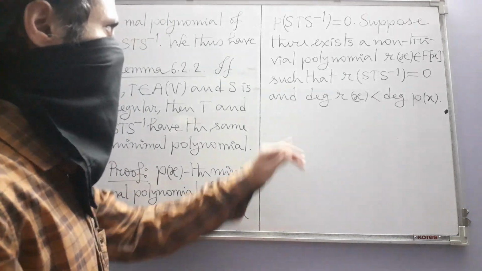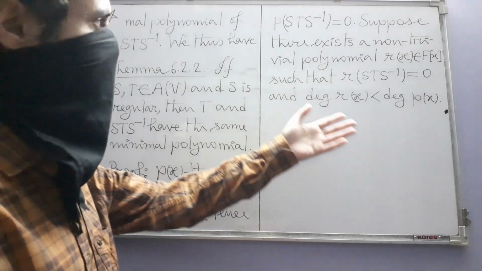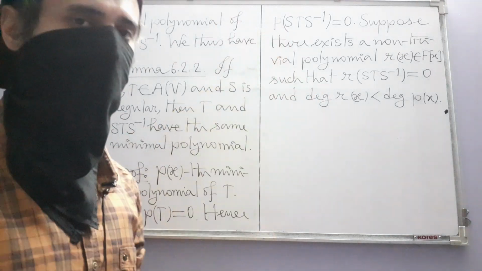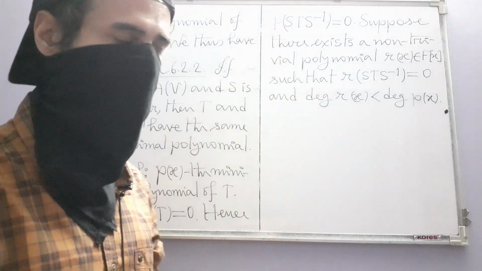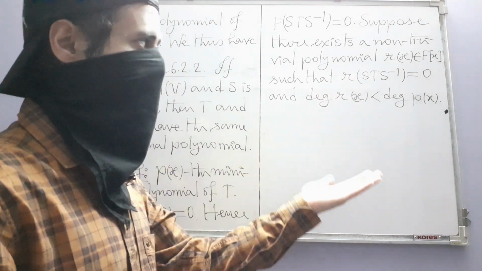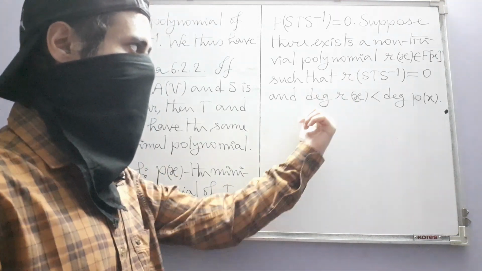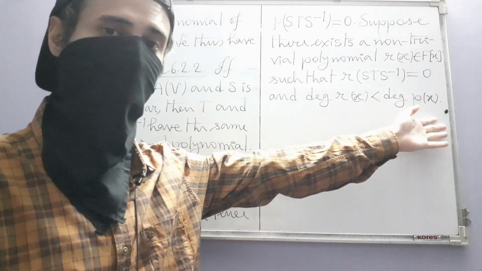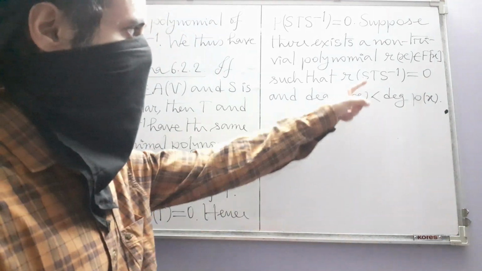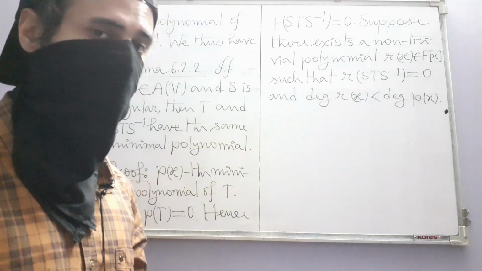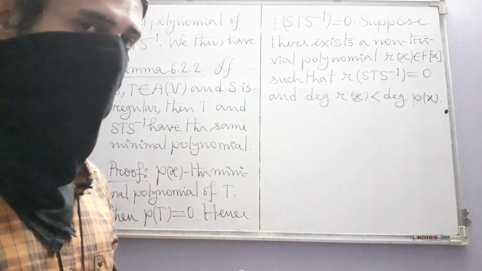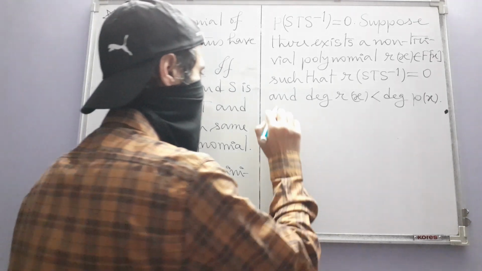So that means we have actually supposed that this is not the minimal polynomial of STS inverse, that there are annihilating polynomials whose degrees are less than even the degree of P(x) for the operator STS inverse. If we suppose so, then what is the consequence?